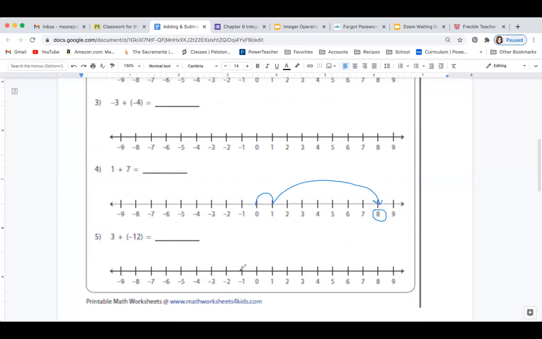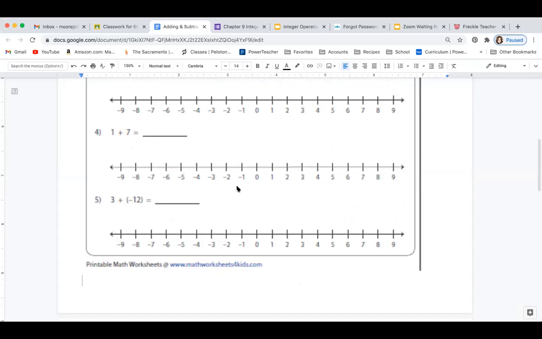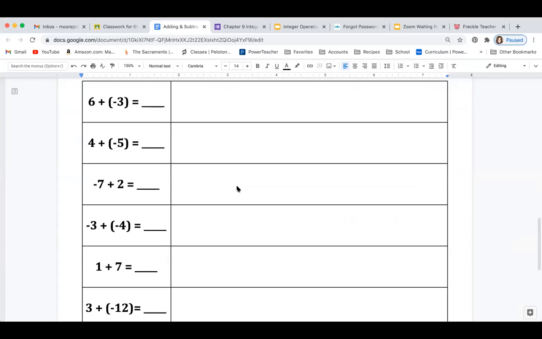Last one, go to the origin, add 3, subtract 12. So I have to go backwards. 3, 6, 9, 12. And where do I land for that one? -9, right?